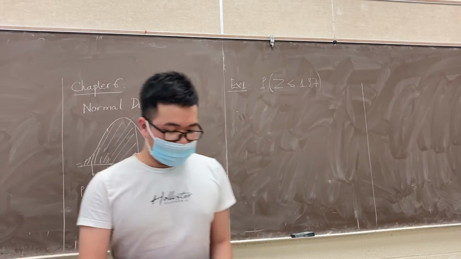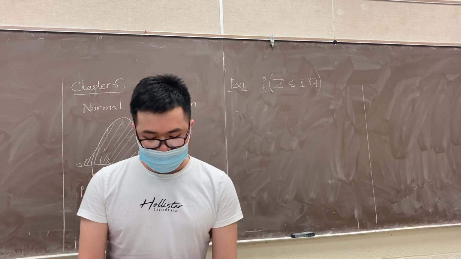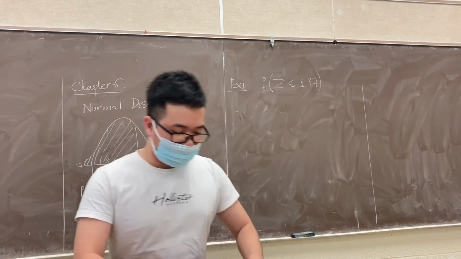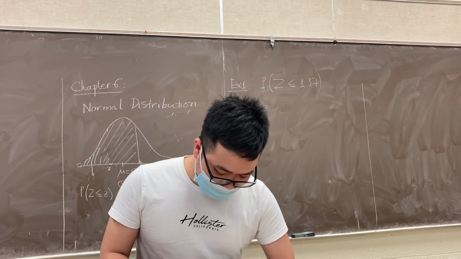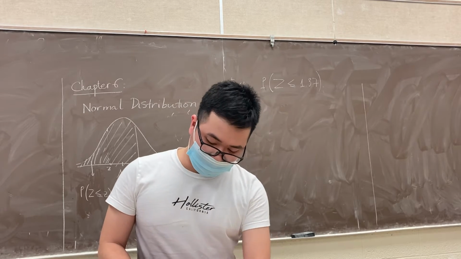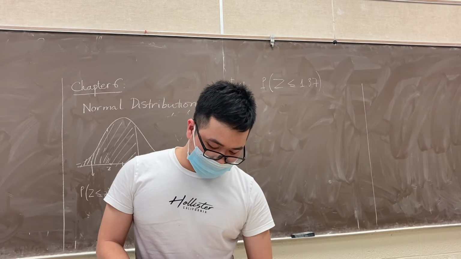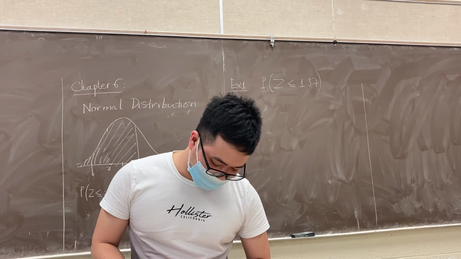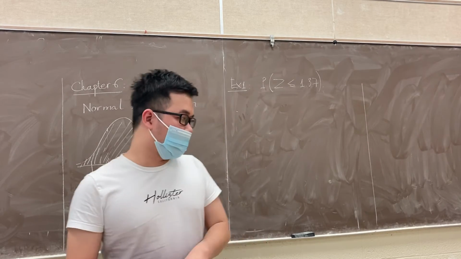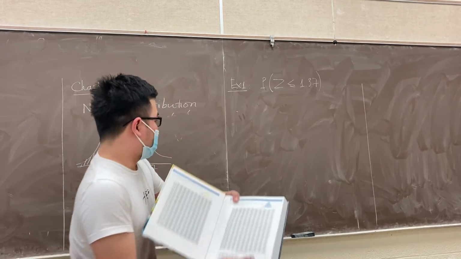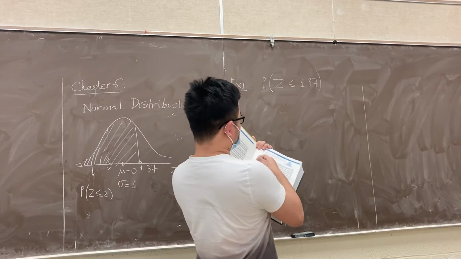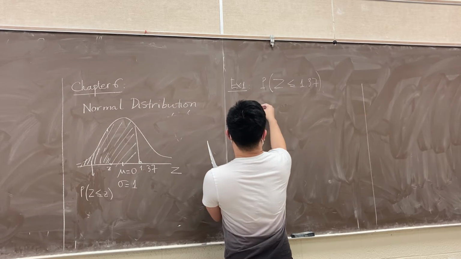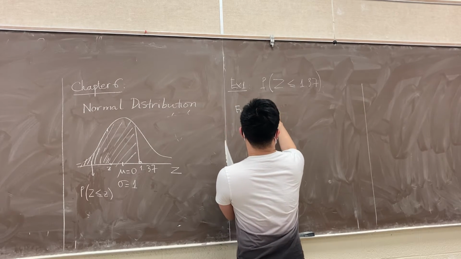To calculate this, look at the table here. You will look at the z column, with values 0, 0.1, 0.2, 0.3. Please look at the first column and find 1.3 first.